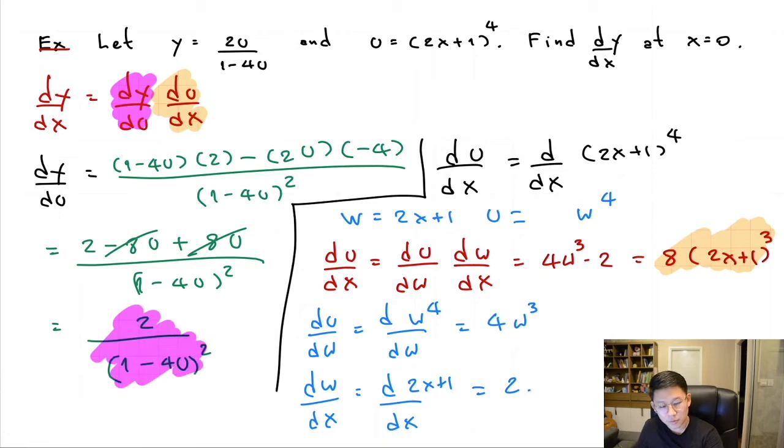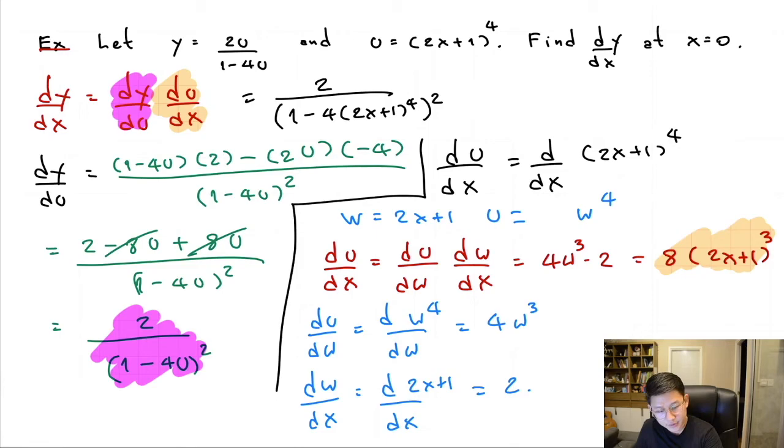So the answer is 2 divided by 1 minus 4 u squared. And what is u? We let u be (2x plus 1) to the power of 4, and then squared.